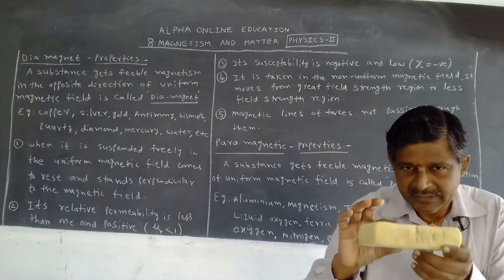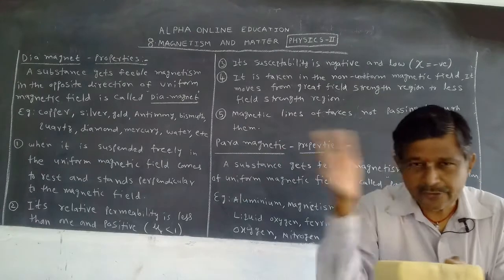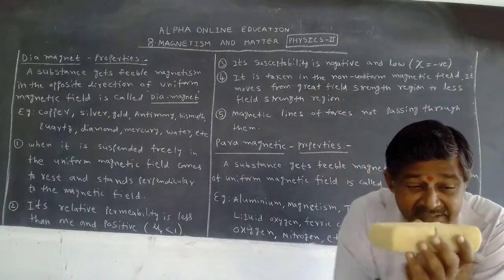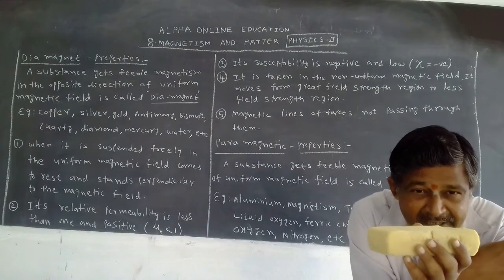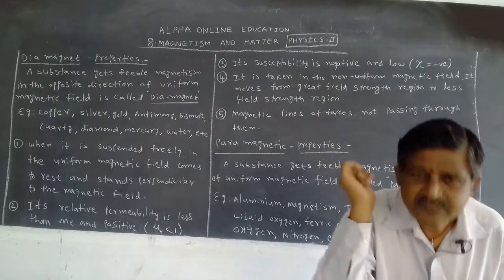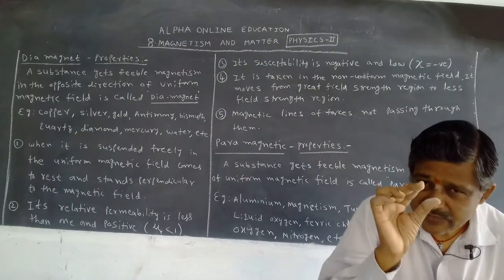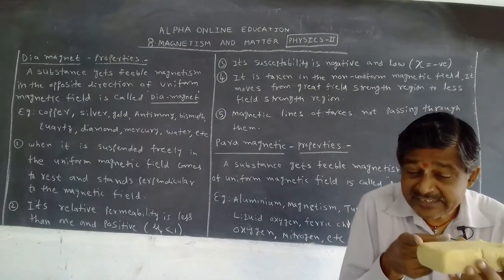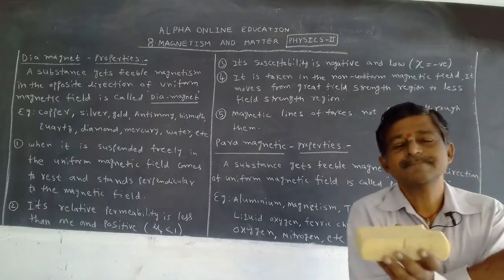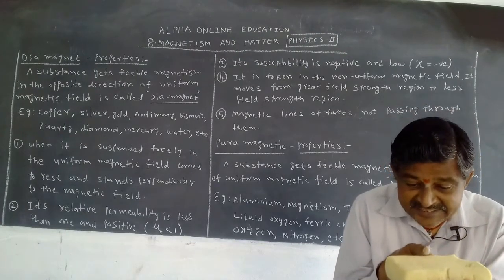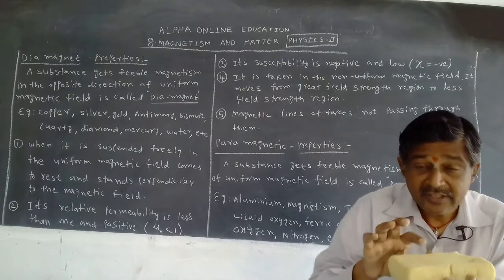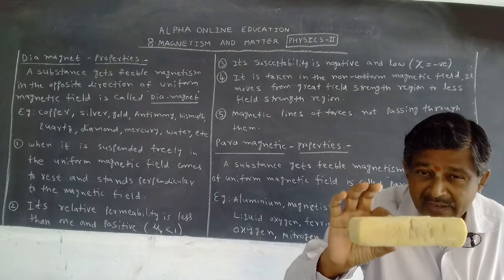Imagine this is the external or uniform magnetic field. When a paramagnet is taken in the uniform magnetic field, it gets a feeble magnetism, very little, in the direction of the external magnetic field, and only while it is in the uniform magnetic field.